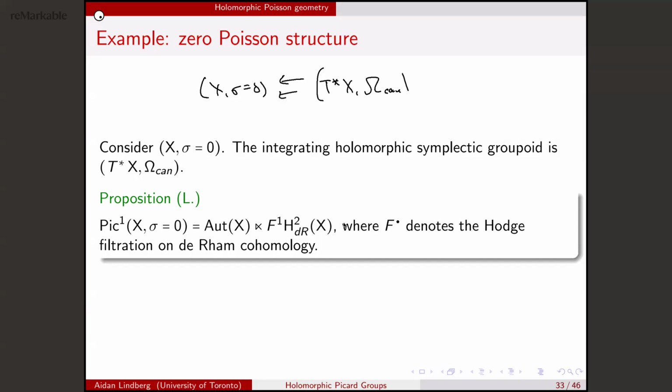And that's just given by addition in the fibers of the vector bundle. Okay, so this is a holomorphic symplectic Lie groupoid, and it integrates the zero Poisson structure. So we can ask what is its Picard group, and its Picard 1-group is the following semi-direct product of the group of automorphisms of X with this subspace of the second de Rham cohomology of X. It's the first step in this thing called the Hodge filtration. So if you're a Kähler manifold, then this is just H^{1,1} plus H^{2,0}.